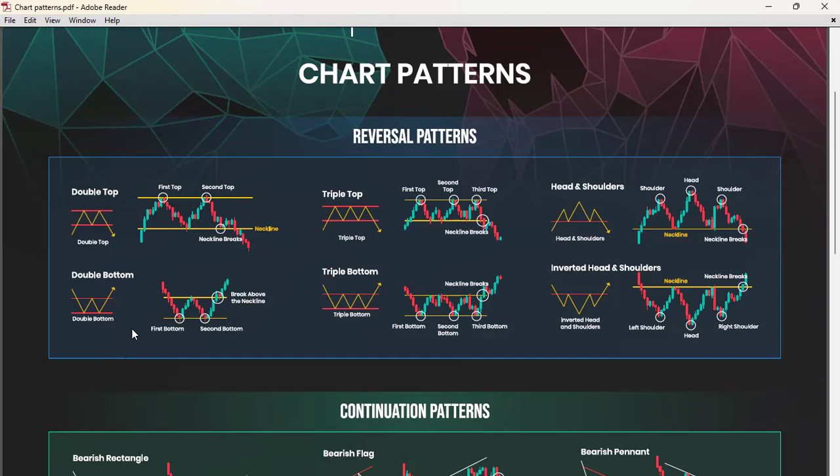So we can see that the shape in terms of the double top and the double bottom is just a matter of M and W. If you have been with me for a long time, I trade with shapes. Instead of getting the names and getting confused, shapes are graphical representations, right? They are easy to remember, and they're easy to teach. So I deal with them in terms of the shapes.